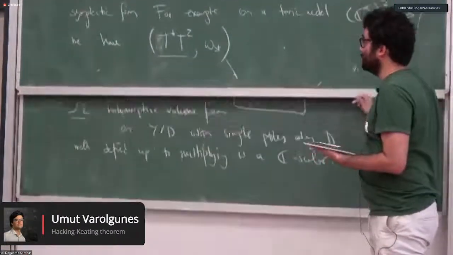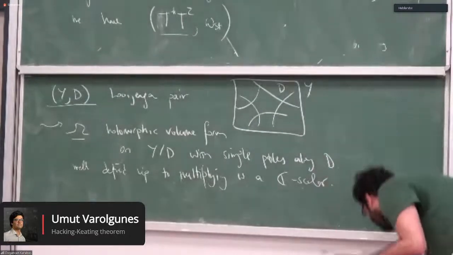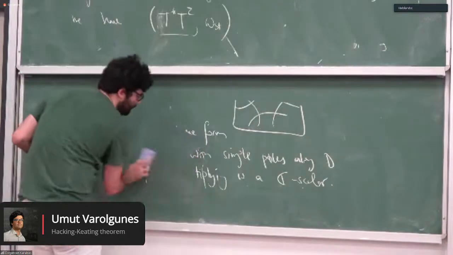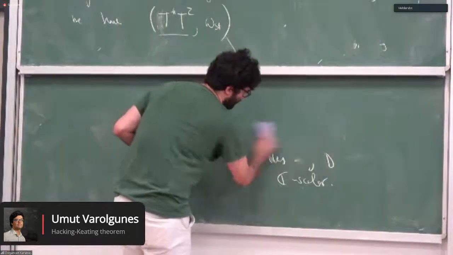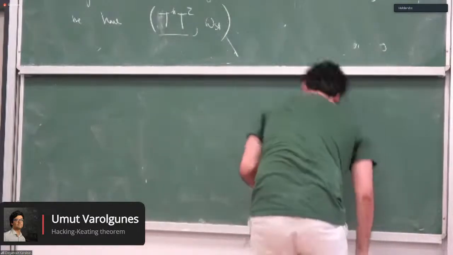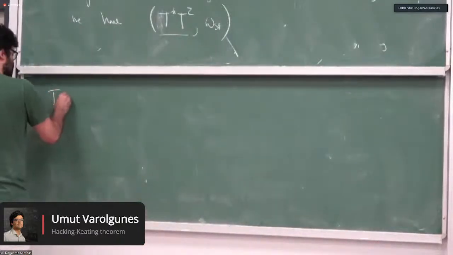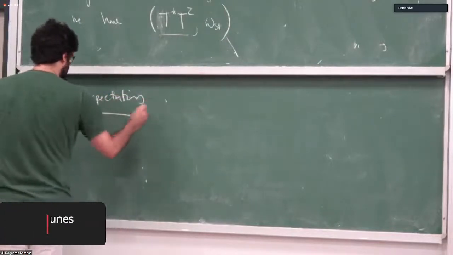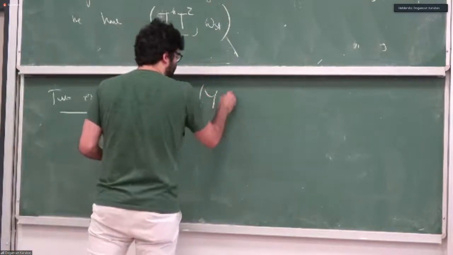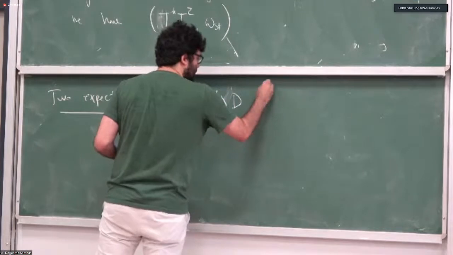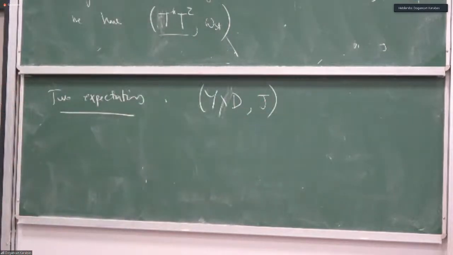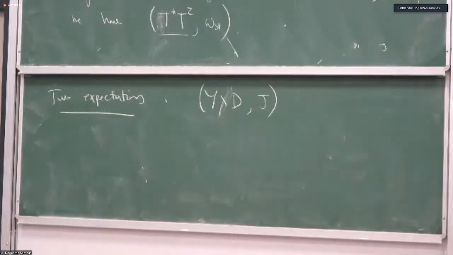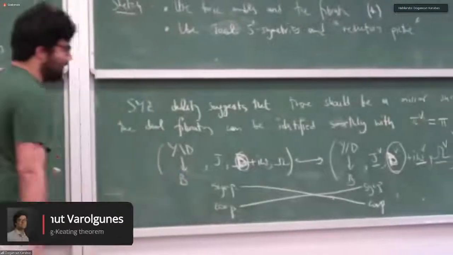Okay, so now there are two expectations. One, it's Y. I keep doing this. Using the complex structure of the left-hand side, I should be able to obtain something about the symplectic structure on the right-hand side.